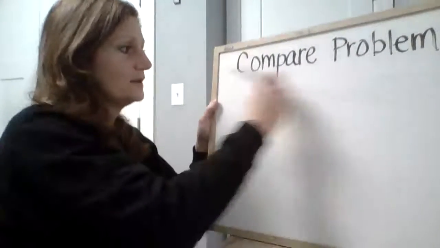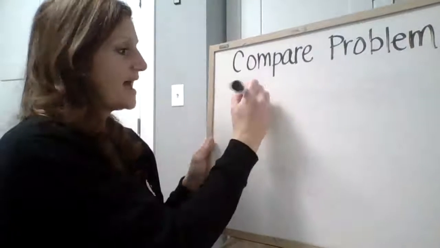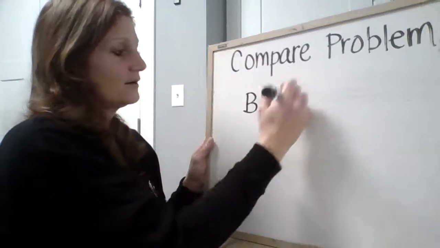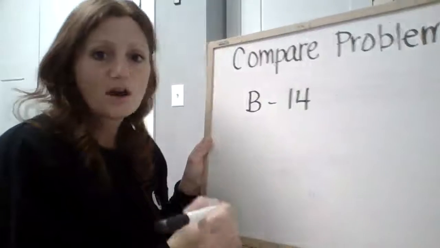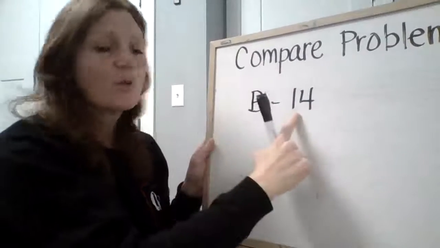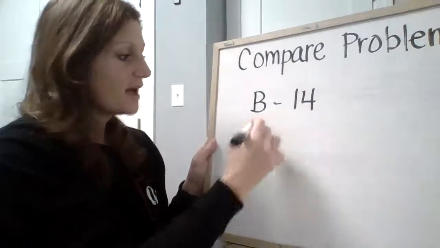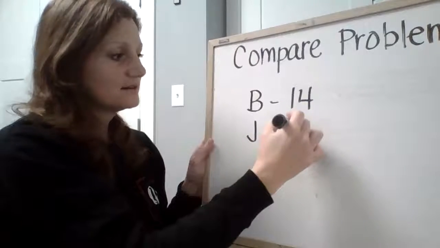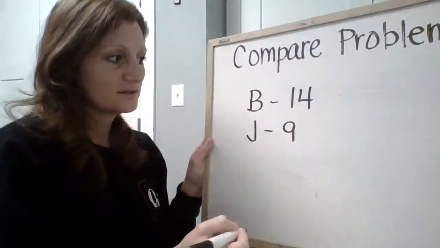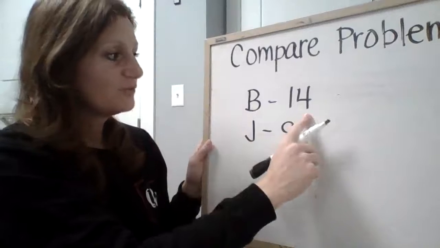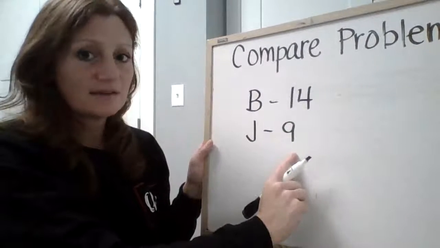Okay. Let's say Ben had 14 Pokemon cards. Ben had 14 Pokemon cards. And we'll say Jimmy had 9 Pokemon cards. Okay? So Ben had 14, Jimmy has 9.